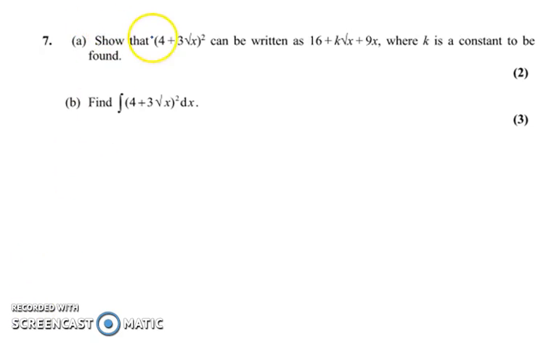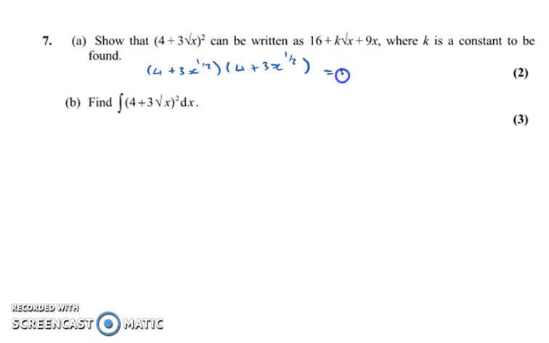Right, question 7, part A, says that when we expand this double bracket, we should get an expression that looks like this, where k is a constant to be found. So we're going to go ahead and multiply out the bracket. So 4 add 3x to the half, bracket, 4 add 3x to the half, close bracket.